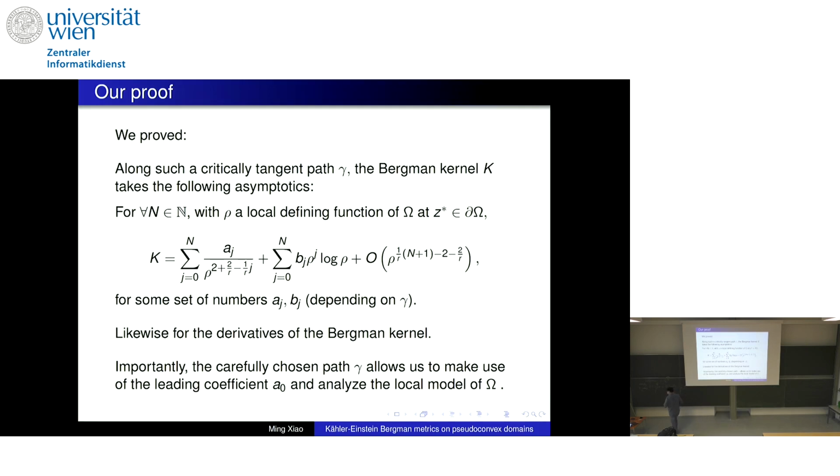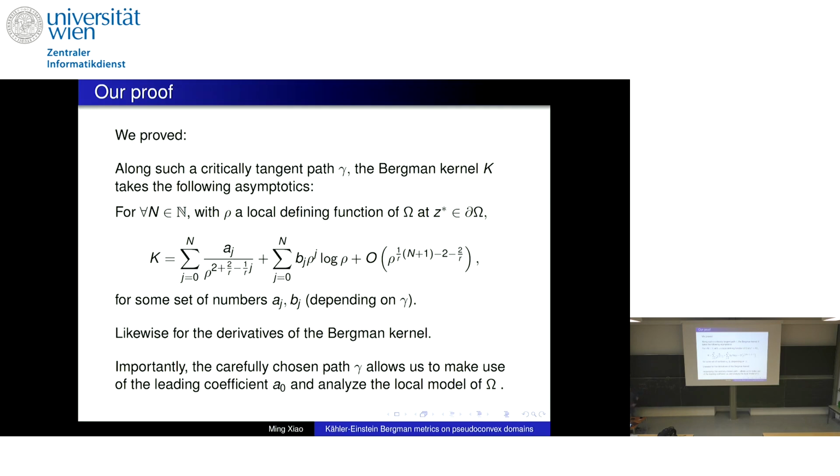And moreover, if you choose different paths gamma, there's, of course, not only one choice of path to be critical tangent to the boundary point. If you choose different gamma, then in general you would end up with different coefficients, aj and bj. It depends on the path you choose. So that's the difference.